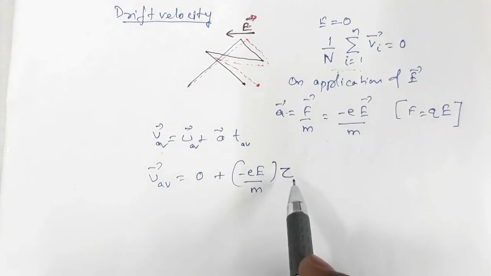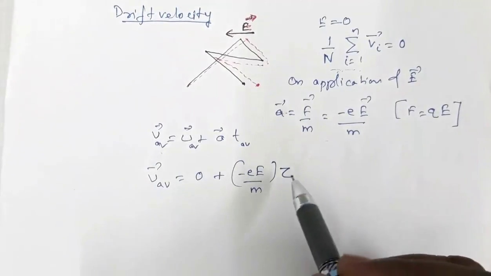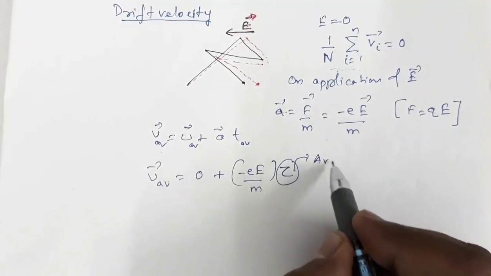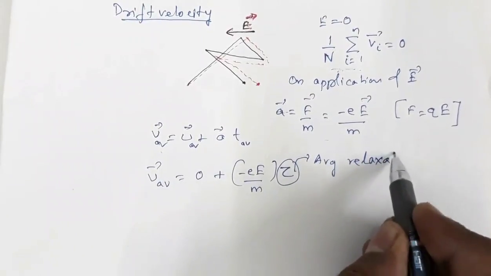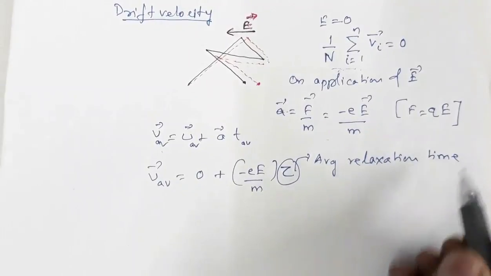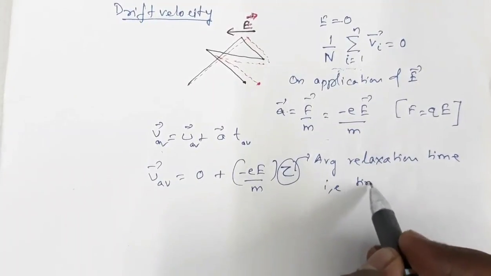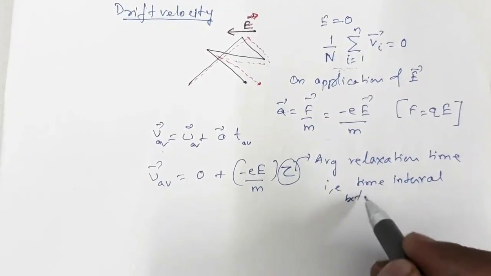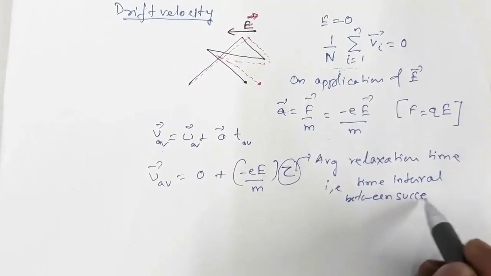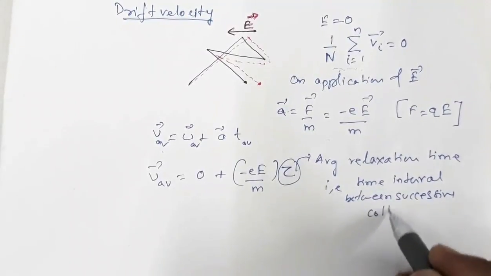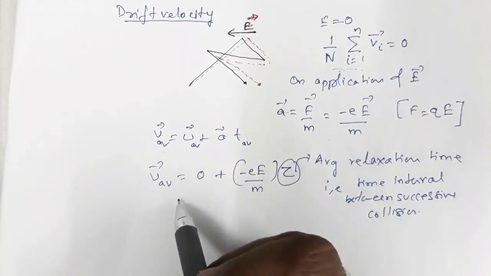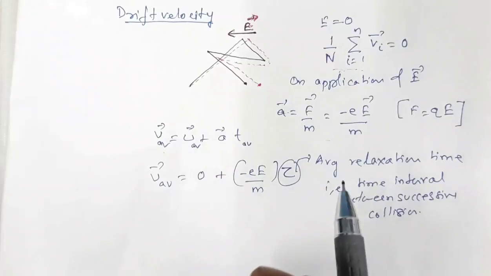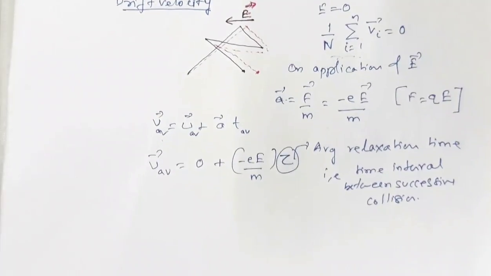This average time tau is the average relaxation time, that is the time interval between successive collisions, because the electron will acquire this velocity only for the time until it undergoes collision. After collision, the velocity will again change.